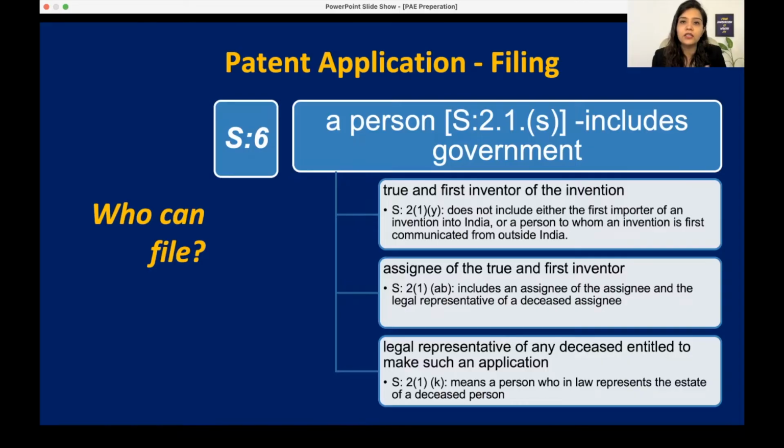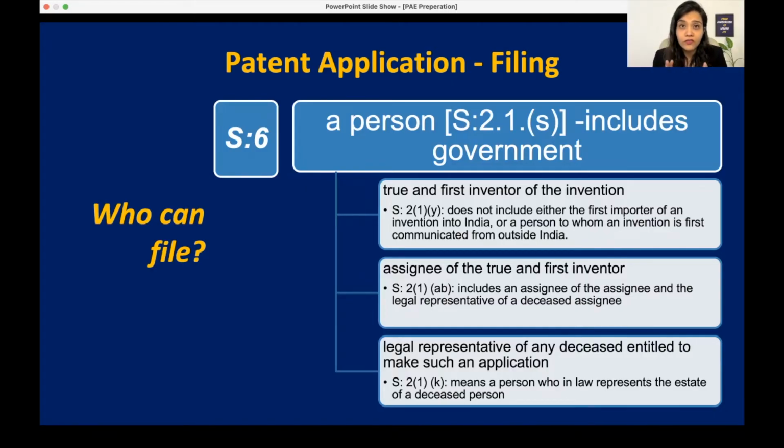Because after the death, the son has the legal right to apply for a patent. So Section 2(1)(k) says legal representative means a person who in law represents the estate of a deceased person. So 3 persons can apply for the patent, which are the true and first inventor of the invention, the assignee of the true and first inventor, and the legal representative of any deceased entitled to make such application.